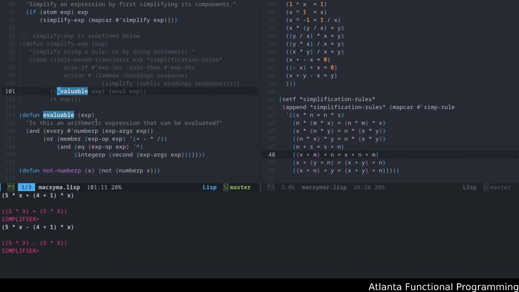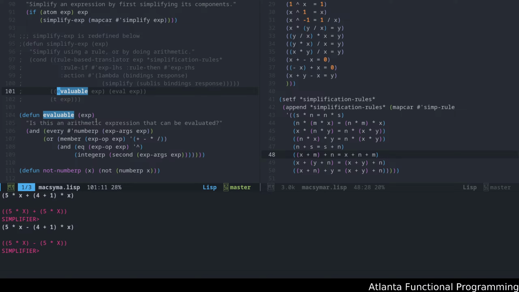And this evaluable expression function already checks to see if it's in prefix form. You're dealing with all the basic operators, okay?